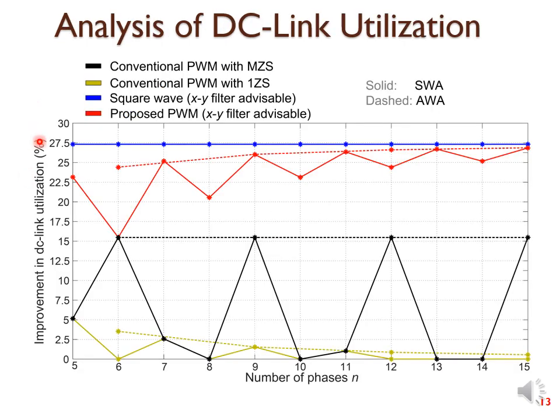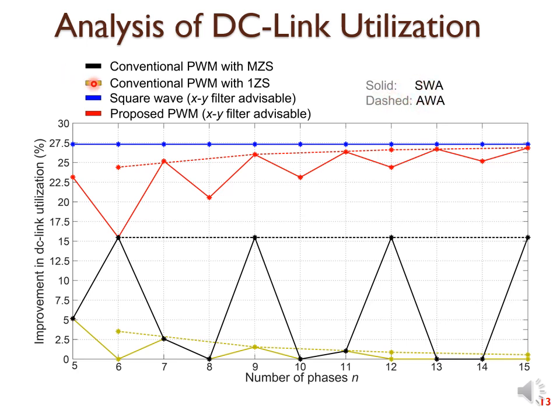In this figure, we compare the improvement in DC-link utilization provided by several switching methods in comparison with the conventional PWM method without any zero sequence, which would correspond with the horizontal line of zero improvement. Solid lines correspond to symmetrical windings and dashed lines to asymmetrical windings.